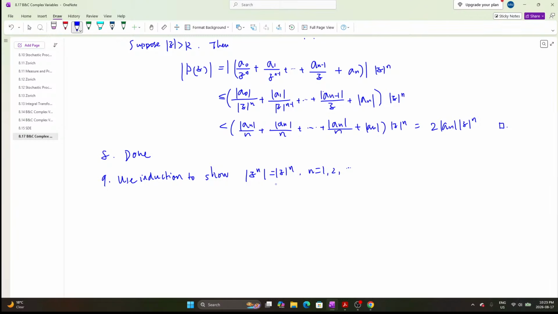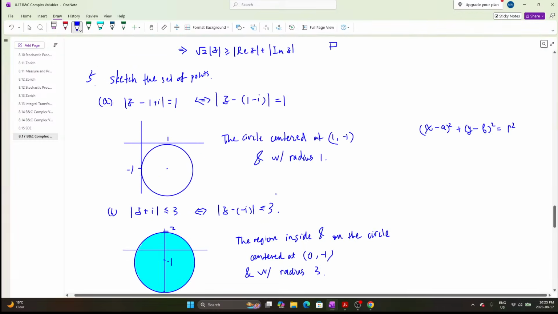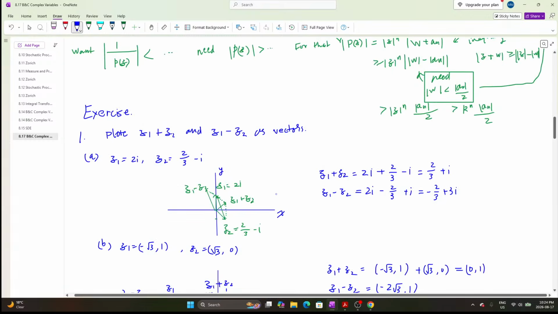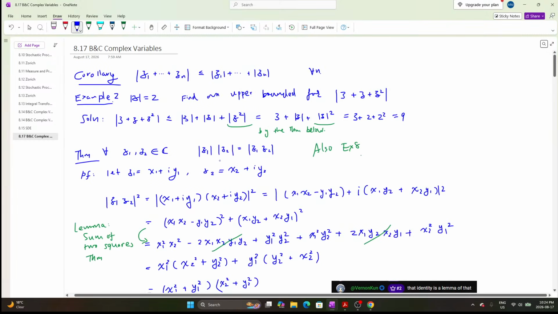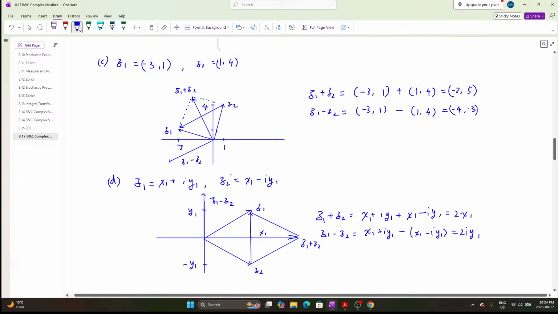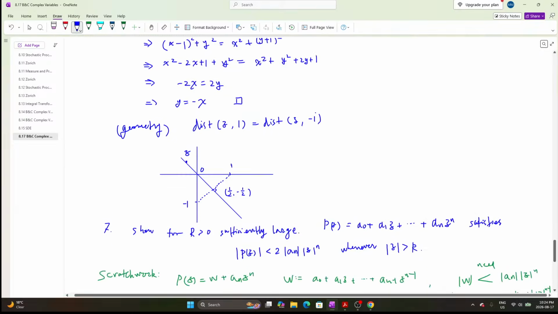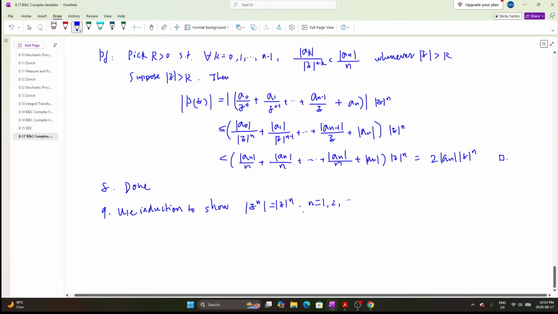For n equals 2, you rely on this non-trivial property of the modulus. So let's just use n equals 2 as a base case, and we'll do things in a similar manner if we encounter such induction proofs. We treat n equals 2 as a base case whenever n equals 1 is a trivial case, a tautology.